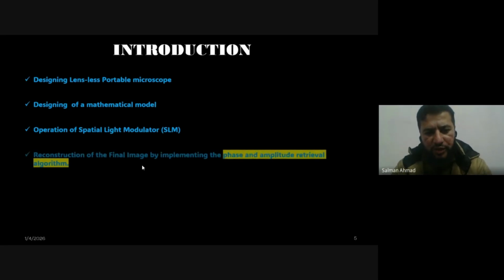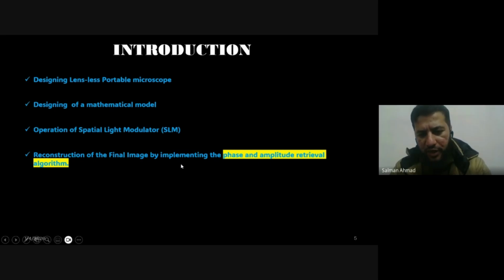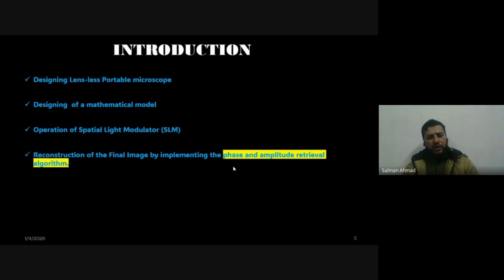Then we fall that light on an object and record it on the sensor, the CMOS sensor we usually use. After that we use an algorithm to retrieve the hidden phase and amplitude, both phase and amplitude.